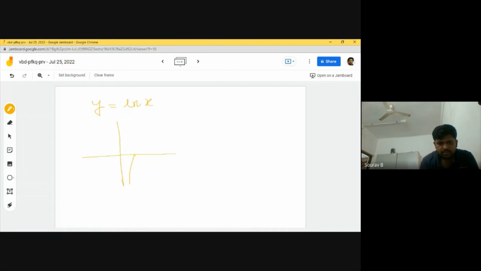So this is like that. If you are asked to find the graph of y equal to mod ln x, then what will you do?